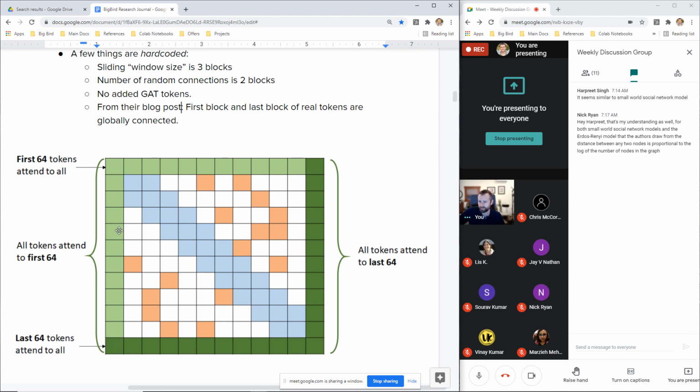And then these columns here kind of show that all of the tokens are attending to the first 64, and all of the tokens are attending to the last 64. So it creates this kind of square of global attention.